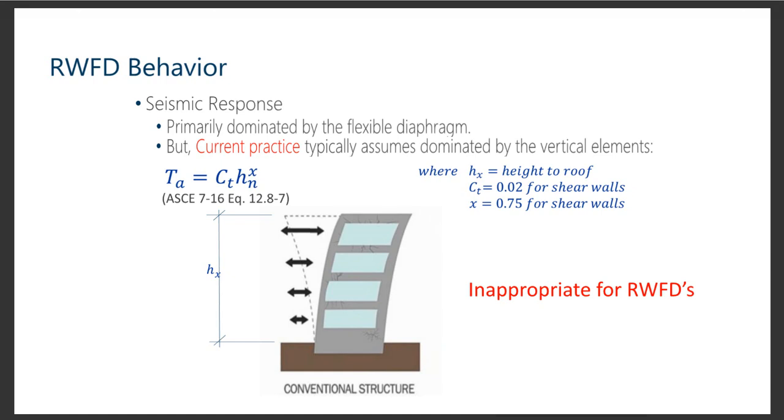So the period is believed in this equation to be approximated based on how tall the building is in a conventional structure. And this is really inappropriate for this type of building because we find that the behavior of most of the mass in the building is oscillating at a period more associated with the diaphragm, not the height of the building.